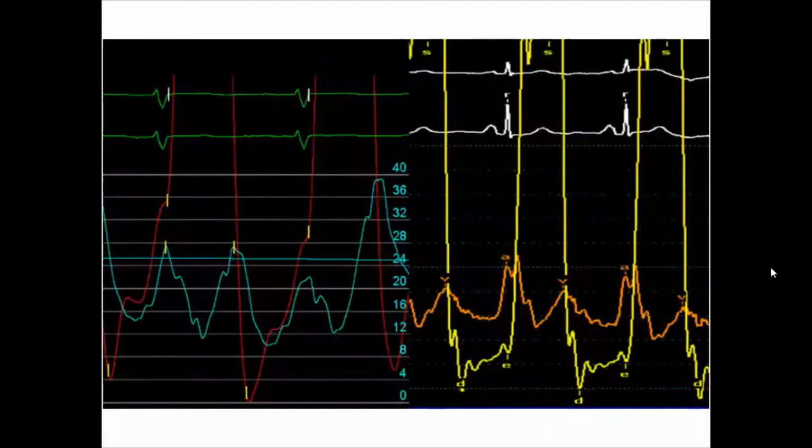So who can take this one? And just to help you, your left hand diagram is normal, your right hand is abnormal. Who can describe? Just describe what you are seeing, and we will reach the diagnosis.